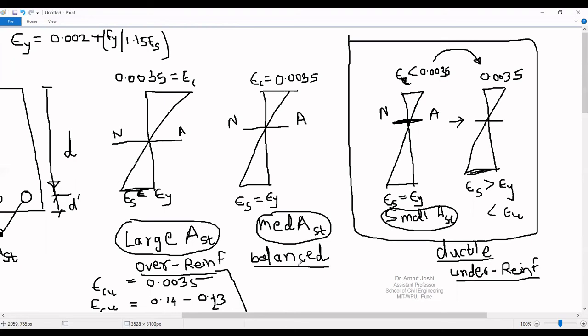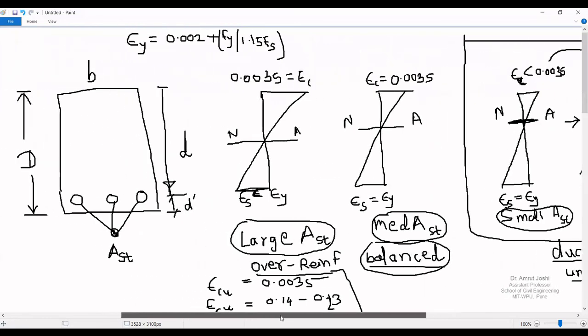They have been designed by working stress methods. So they may be under reinforced as far as the working stress method is concerned, but they may be over reinforced as far as limit state design is concerned, and therefore we will have to do something about these sections. So we define over reinforced sections as well. Balanced section acts as a boundary between over reinforced and under reinforced sections.